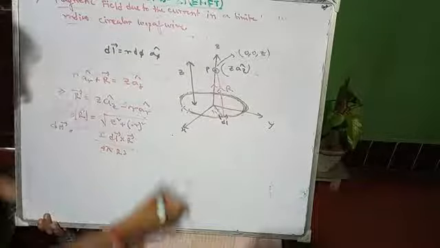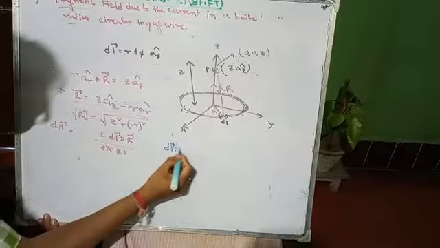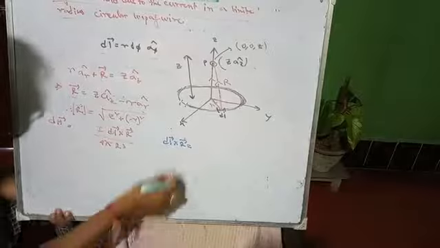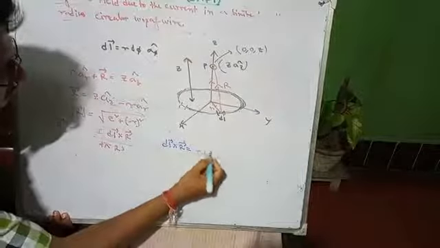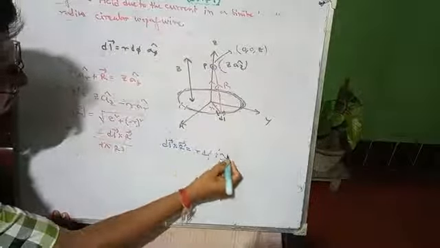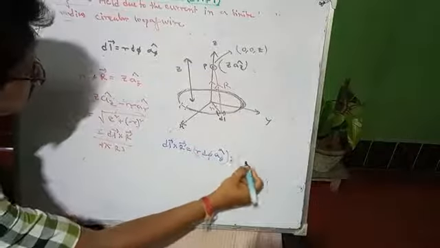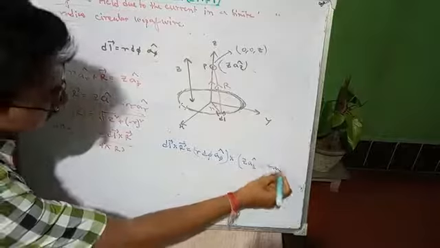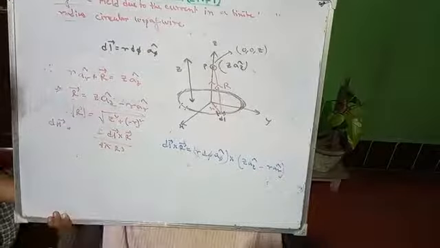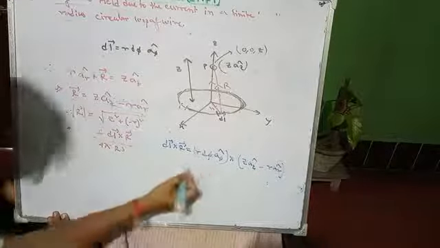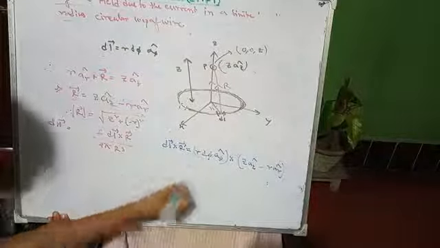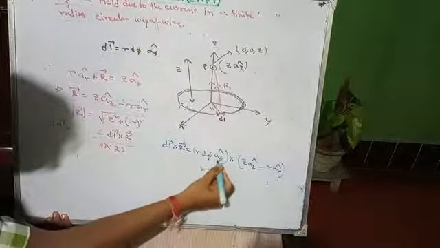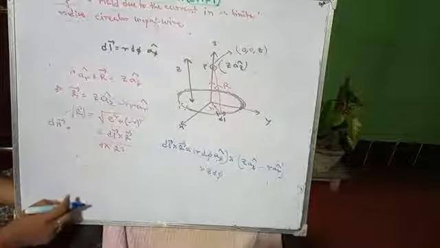Your cross product will be dl cross R. I am doing it separately. So R d phi a phi cap cross with Z a_Z cap minus R a_R cap. Okay. So it will be RZ d phi, a phi cap cross with a_Z cap.